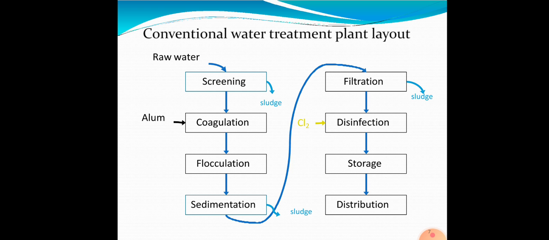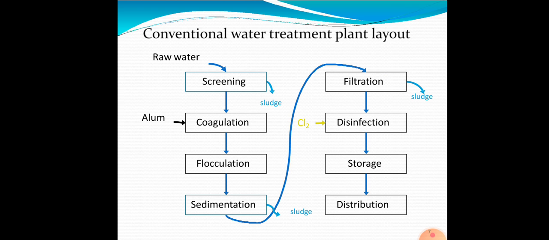So sedimentation is the process where we remove the suspended impurities present in water, and this may be either plain sedimentation or sedimentation with coagulation. Plain sedimentation means the water will be allowed to settle by detaining it in a tank for a definite period. So what happens? The silt and the sand that are present in water will settle down, so we can remove this. That is called plain sedimentation.